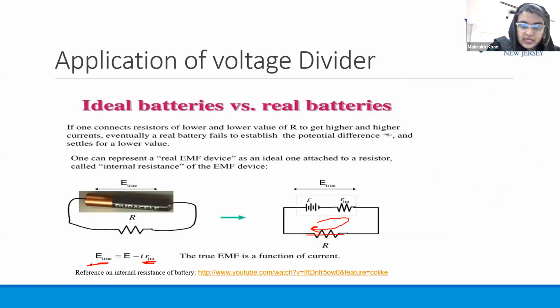This is your E true, your practical E, which is equal to E minus I R int, because it is your original E minus the drop across the internal resistance, right? As this internal resistance has a drop, that's why your E true is not equal to E, okay? So that's why we need to consider that.